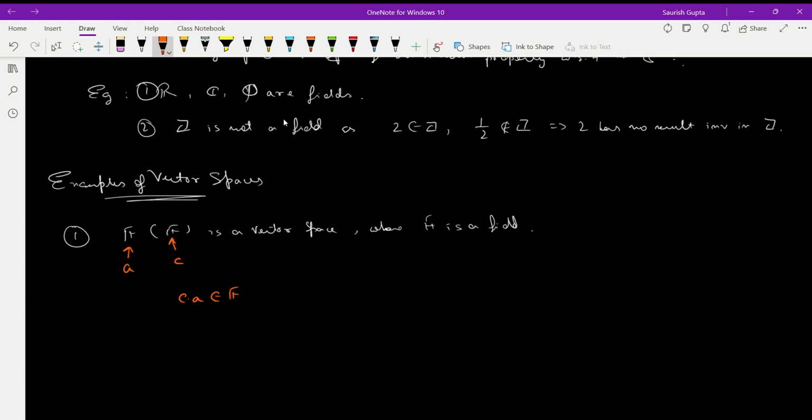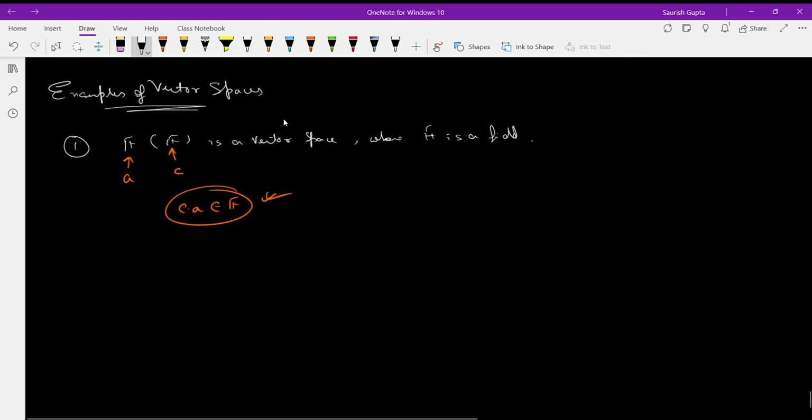Since F has multiplication as a binary operation defined on it, this property will obviously hold, right? I guess it's obvious to notice. You can check this, it is pretty easy to check.